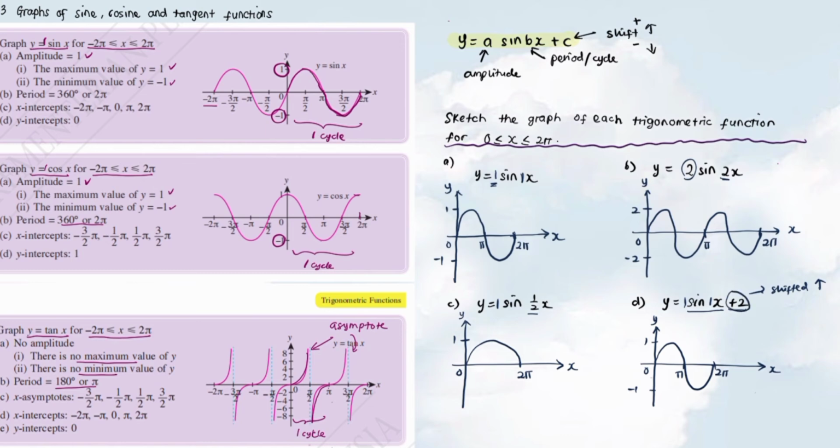Now we want to move the graph upwards by 2, so the maximum is 1 plus 2 equal to 3, 0 plus 2 is equal to 2, negative 1 plus 2 is equal to 1. So now we change the maximum and the position of the x-axis. The maximum is equal to 3 and your minimum is 1, and your graph should look like this.